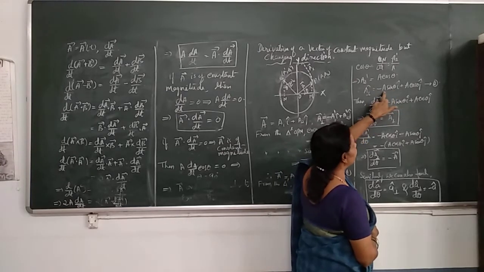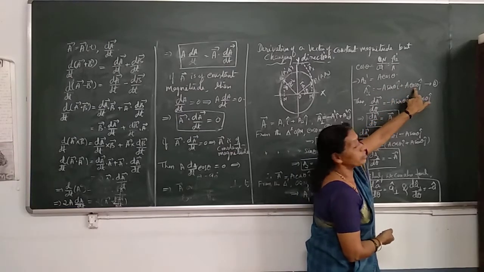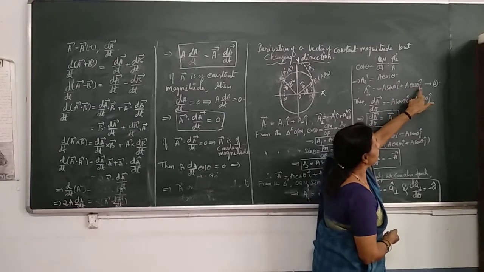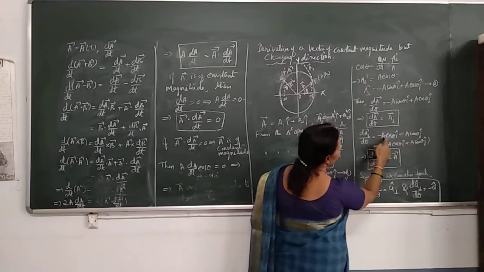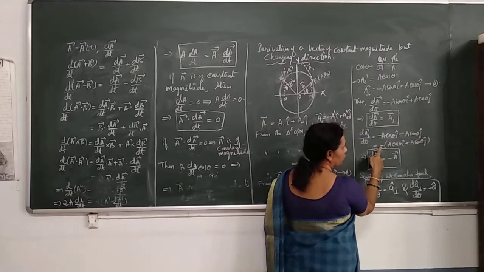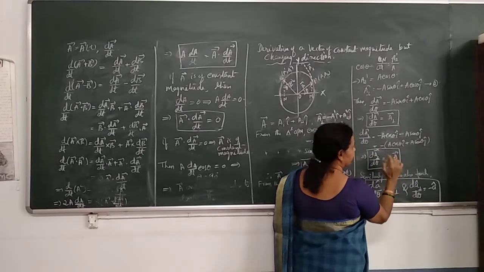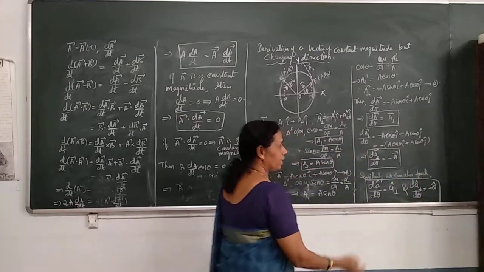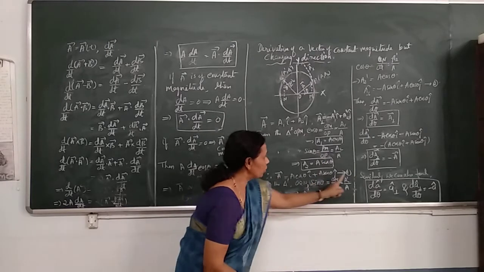So this is minus A cos theta i cap plus A, differentiation of cos theta is minus sin theta, so you get minus A sin theta j cap. The equation becomes minus A cos theta i cap minus A sin theta j cap. Taking the minus sign common outside, inside the bracket you get A cos theta i cap plus A sin theta j cap. But what is A cos theta i cap plus A sin theta j cap? It's nothing but equation 1.